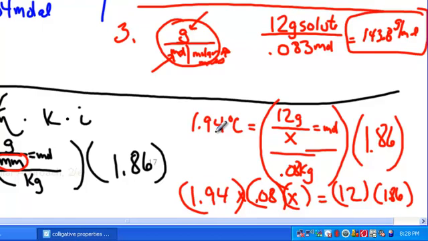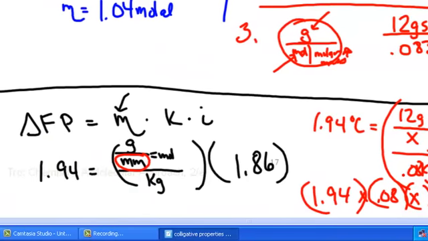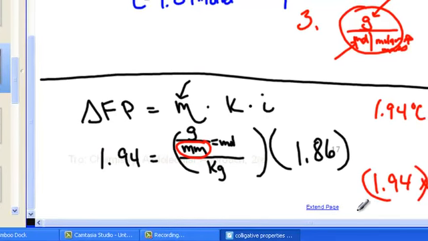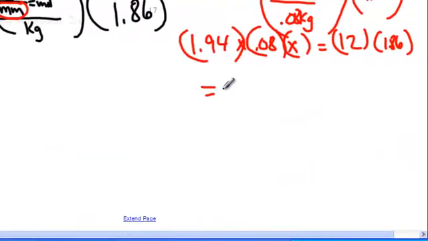The 3 separate steps are all together, but I bet we get the same thing. I can hit 12 times 1.86 equals, divide by 1.94, divide by 0.08, 143.8. So I got it both ways. 143.8 in one big algebra sweep.